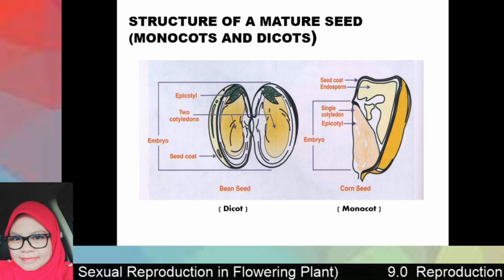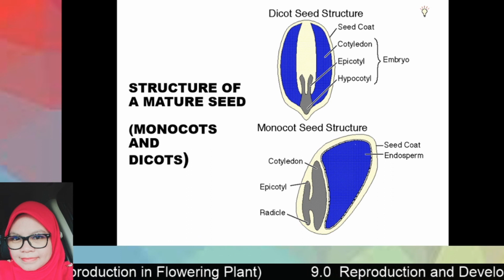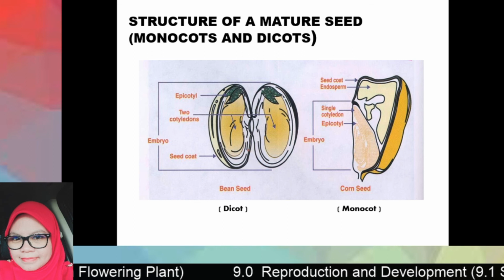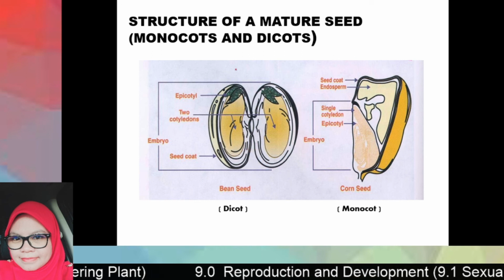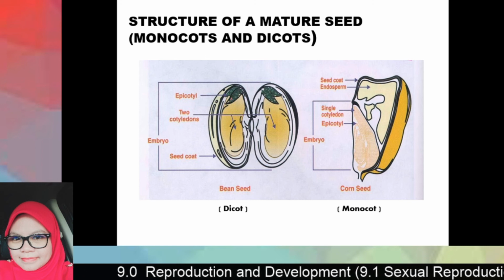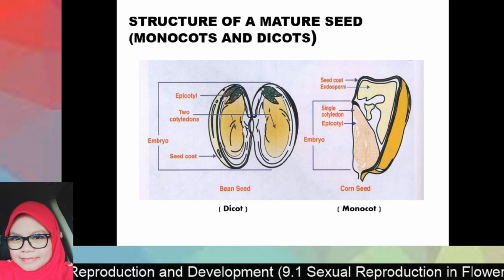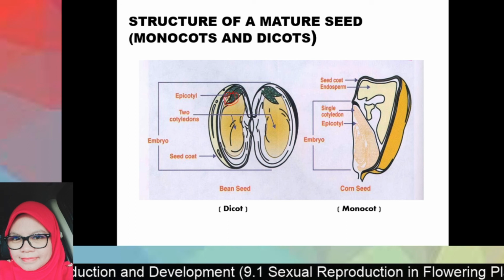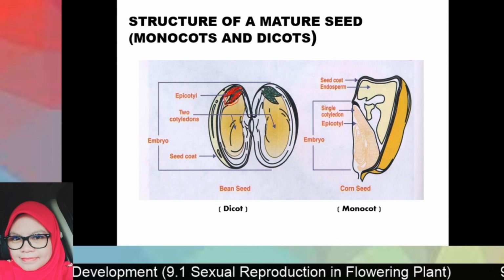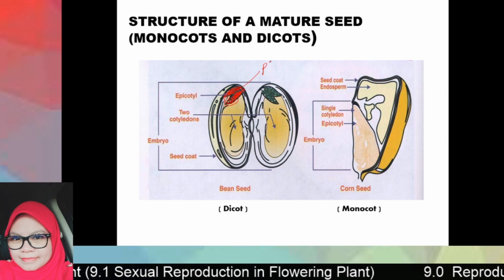Right, this is the structure of a mature seed, between monocot and dicot. Okay, look at this structure. So as I have said, an embryo must have three important structures. The plumule. What is plumule? Plumule is the first shoot. Ni, daun pucuk yang pertama ni, ini kita panggil sebagai plumule.